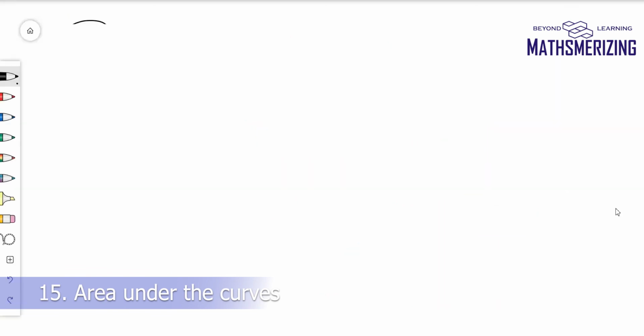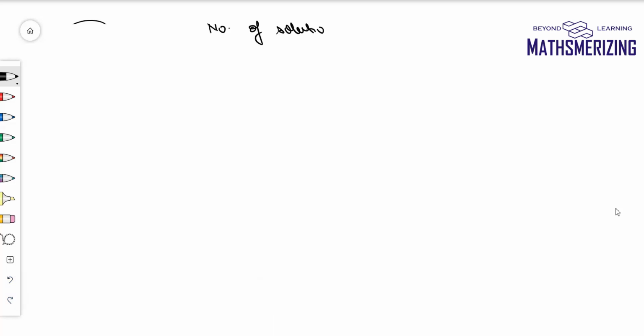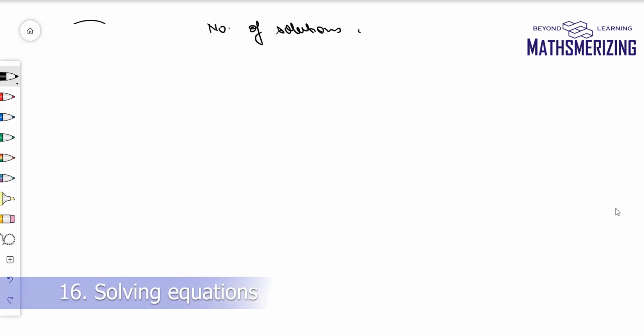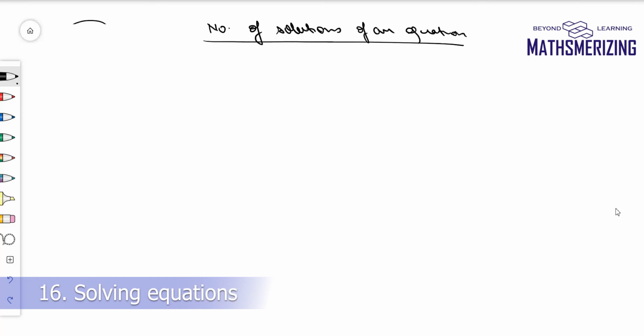Now the 16th application of graphs is perhaps one of the most interesting and fascinating applications of graphs. We can use graphs to find the number of solutions of an equation. Suppose I have a question where it says f(x) equals g(x), and I need to find the number of solutions to this equation.